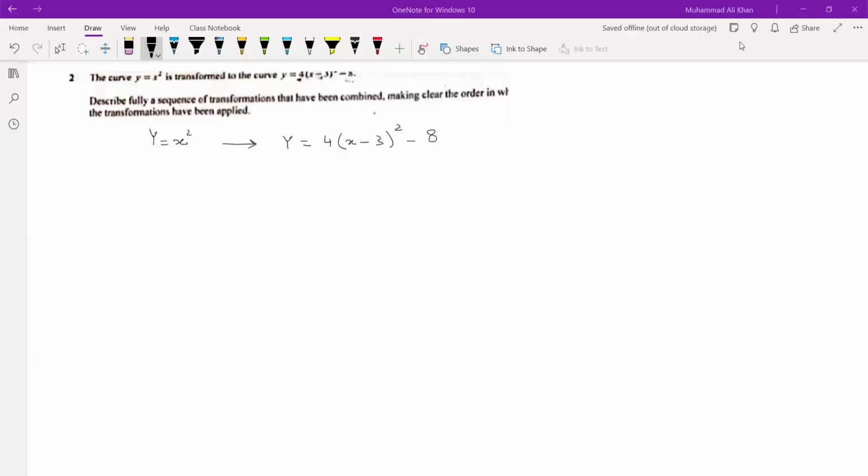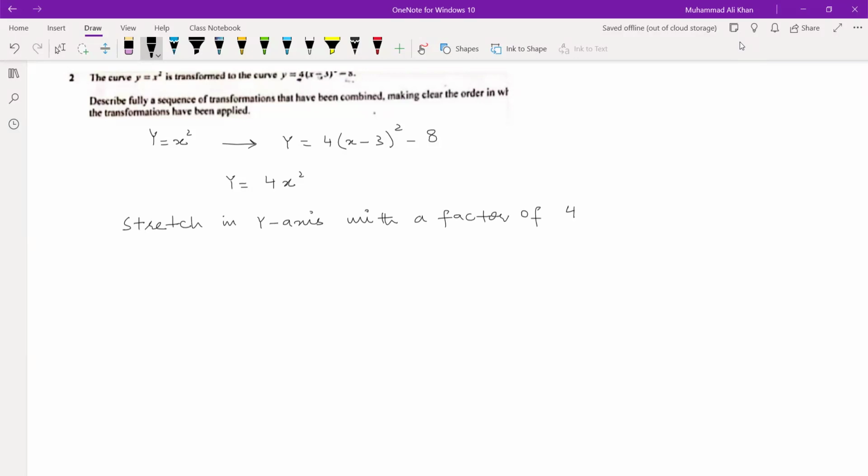Now see, y equal to x square, if I write in the first step y equals to 4x square. So what is this? It is a stretch. x square we have multiplied, meaning the function is multiplied. So it is a stretch in the y-axis with a factor of 4.